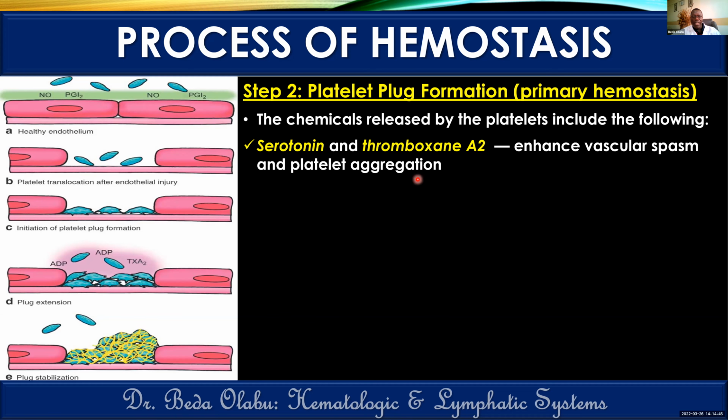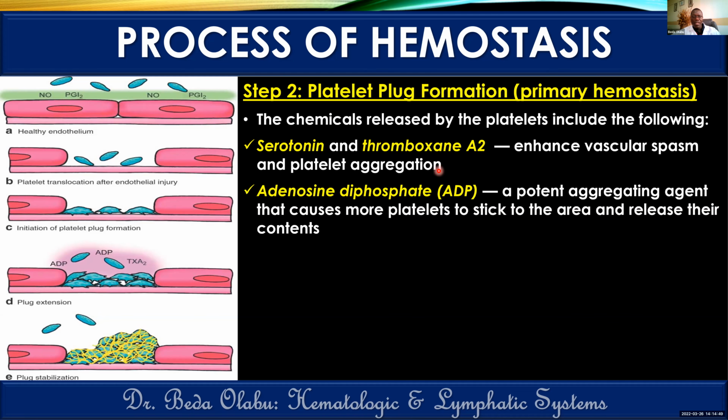They also enhance aggregation of platelets. We also have ADP. ADP promotes aggregation of platelets. It makes the platelets stick to the site of injury, and it also makes the platelets continue releasing their contents.